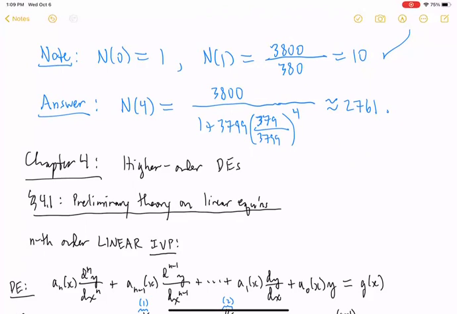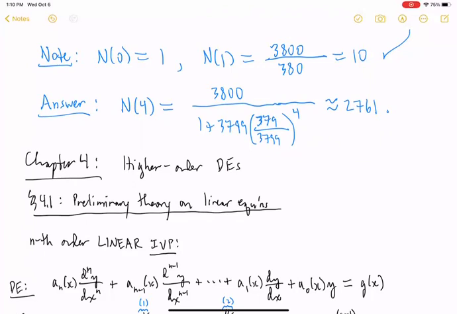Now, just to make sure we're all on the same page, what does IVP stand for? Initial value problem. Now, if we had a first order linear differential equation, how many initial conditions did we need? This isn't a trick question. How many? One. We just need to know what y was at some x value, yes? So for a first order linear differential equation, we needed one initial condition.